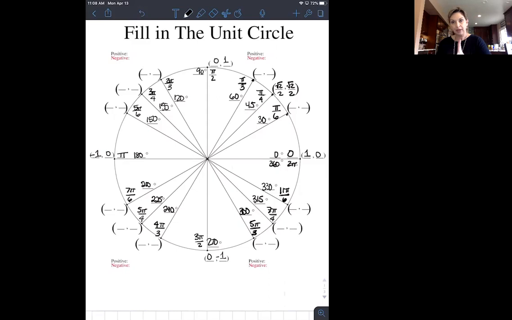Okay, now 3 pi over 4, or 135 degrees, right? This angle right here, 135 degrees. Well, it has a reference angle of 45 degrees.